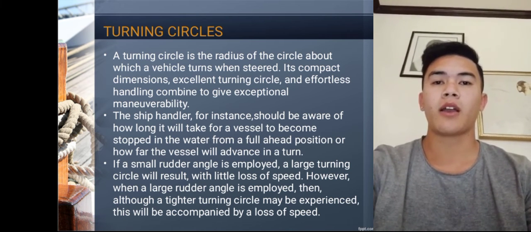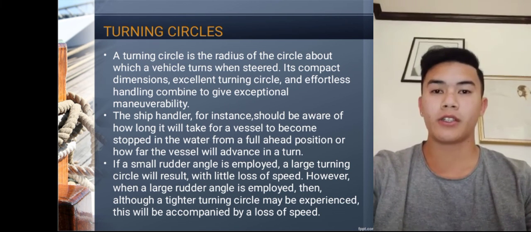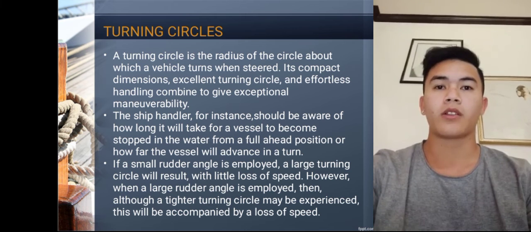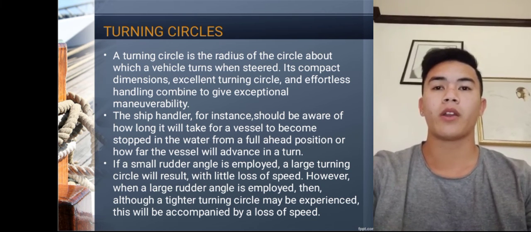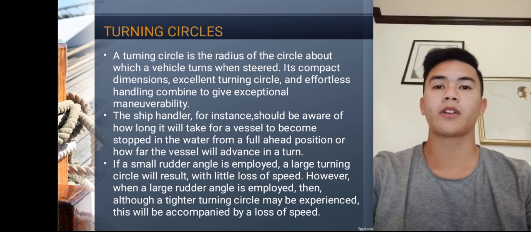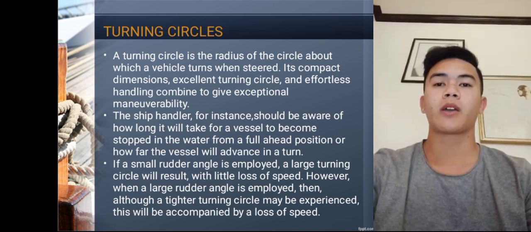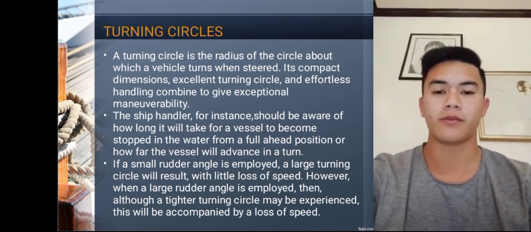If a small rudder angle is employed, a larger turning circle will result with little loss of speed. However, when a large rudder angle is employed, then, although a tighter turning circle may be experienced, this will be accompanied by a loss of speed.